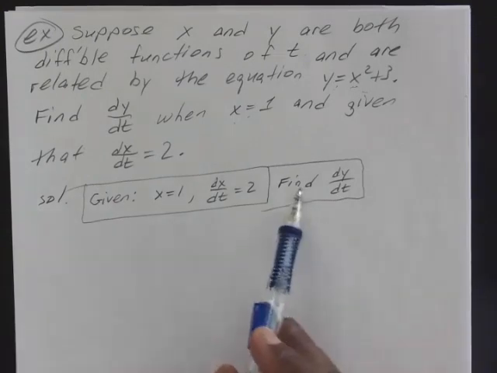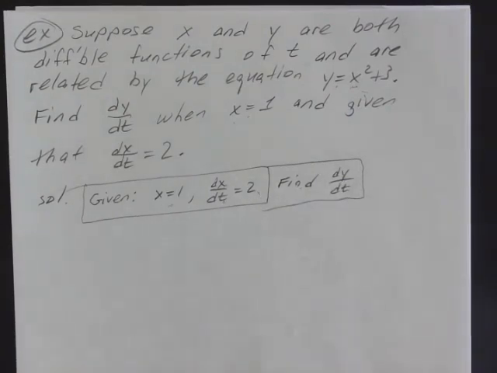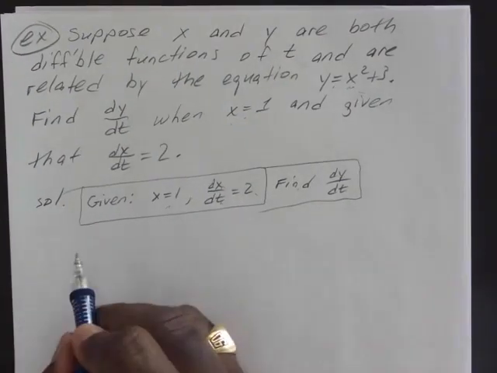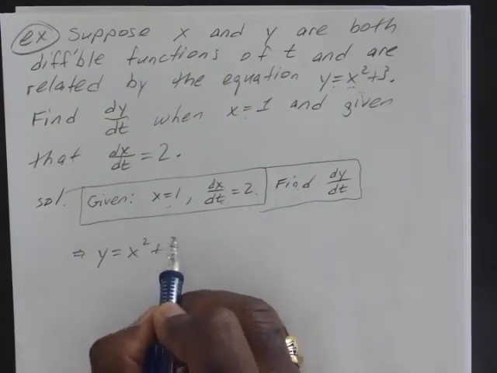Or you could say you want to find dy dt when x is equal to 1 and dx dt is equal to 2. Okay, so we start off with our y is equal to x squared plus 3.